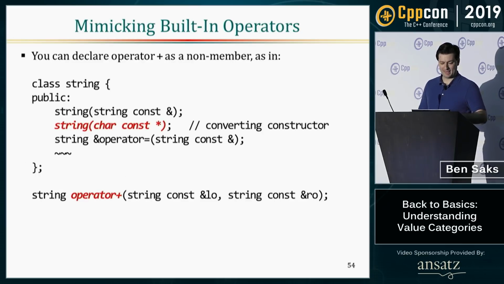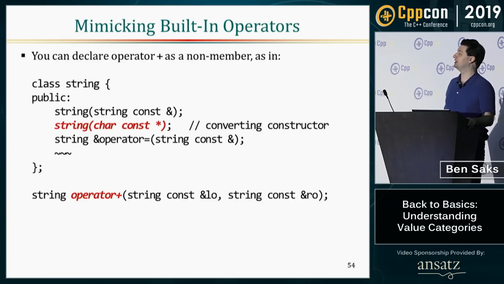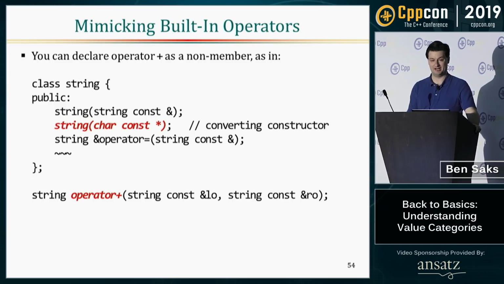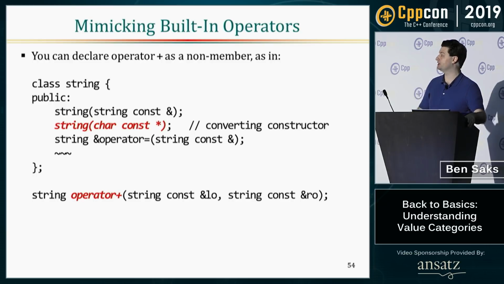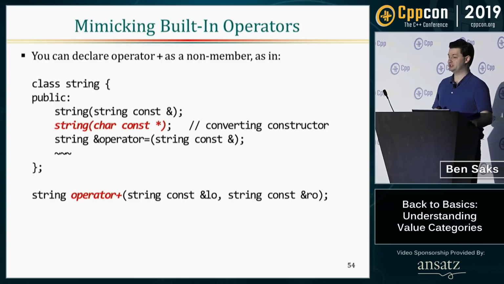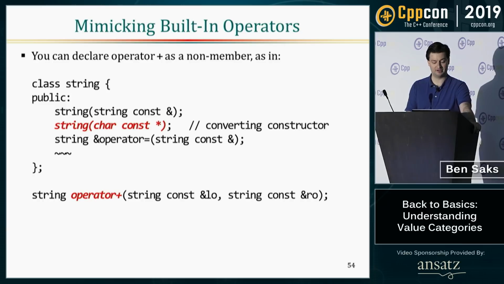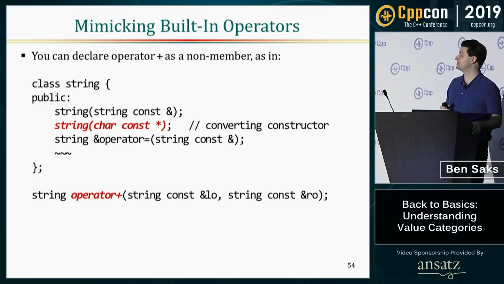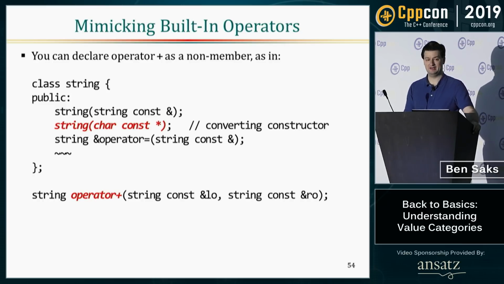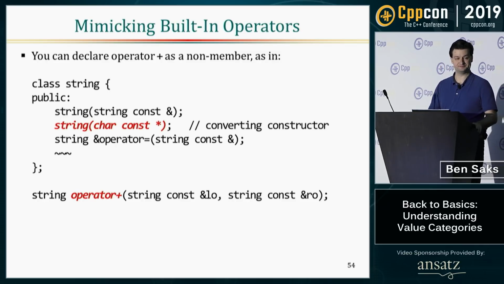So here's just a rudimentary version of the string class. It has a copy constructor. It has a converting constructor that allows us to treat string literals as string objects. And it also has an assignment operator, a copy assignment operator, to be specific. And then we have our plus operator that will concatenate two strings together.